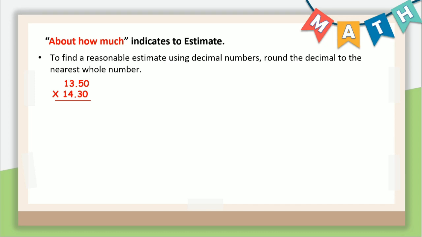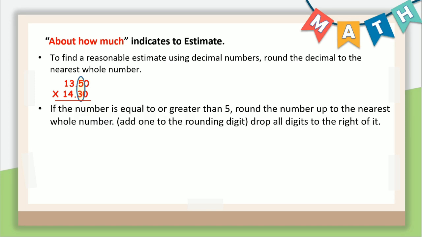How do we estimate the product of these numbers? Well, we are going to convert these decimals into their nearest whole number to multiply the numbers easily. But how do we convert this decimal into a whole number? Well, we are going to round them off.